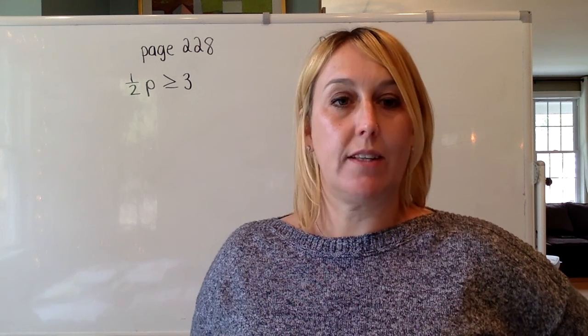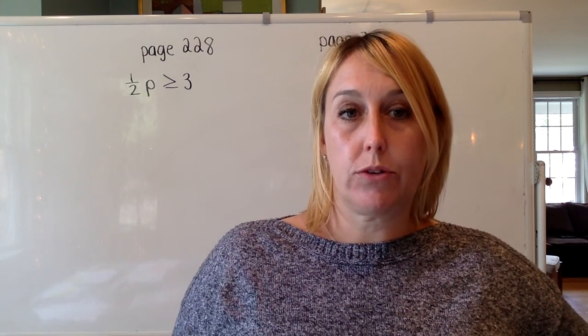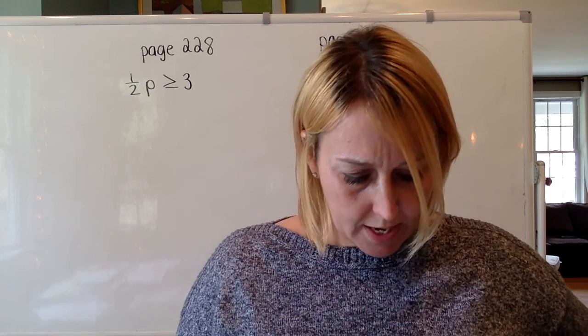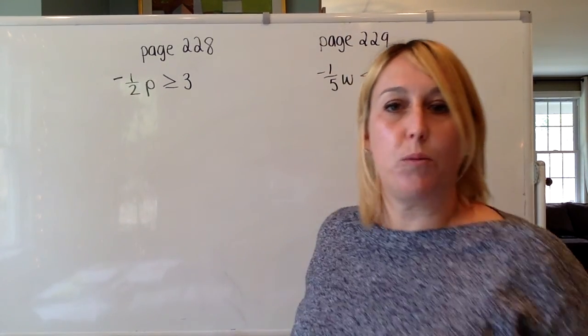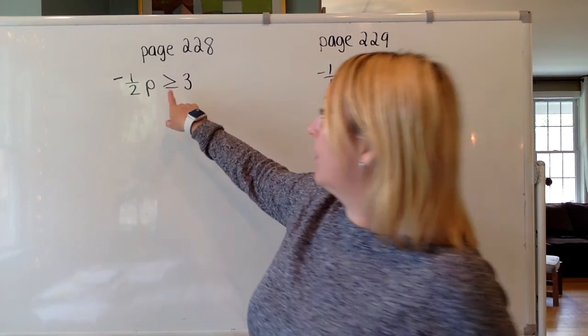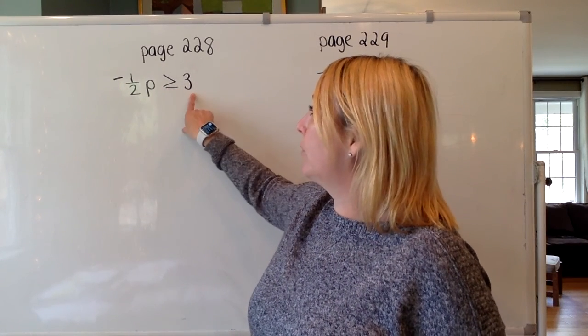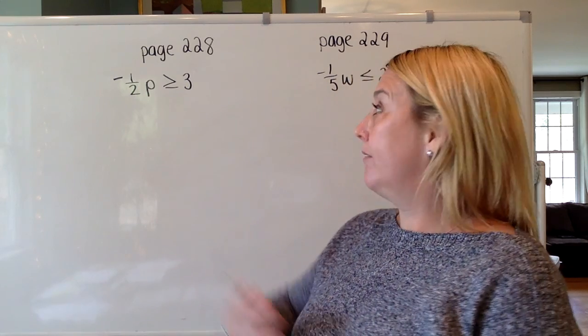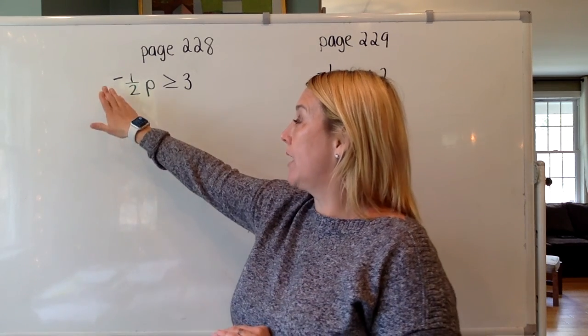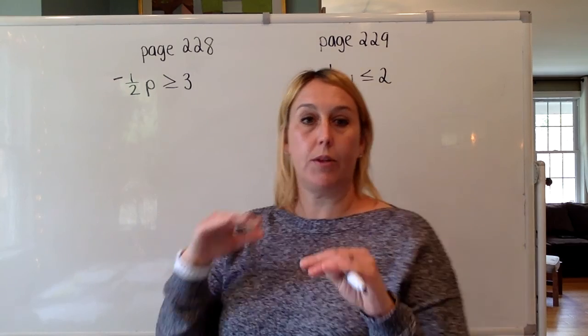Hey everybody, so let's start out on page 228, and what we have is negative 1/2 p is greater than or equal to positive 3. So we have a fractional coefficient, we have a negative, so we got a couple things going on here.